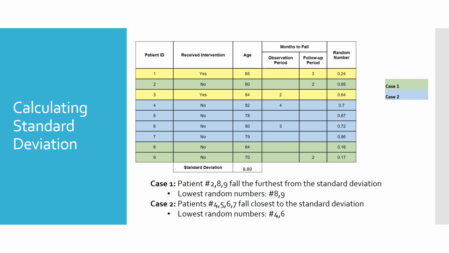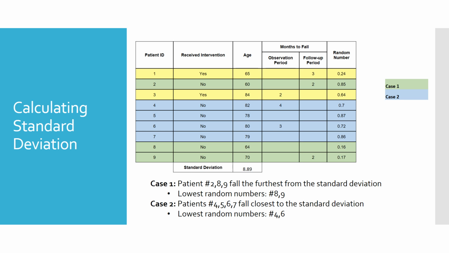From the drop-down box, select STDEV.S, which stands for standard deviation. Then select all the ages from the table and hit enter, and from there it'll give you the standard deviation. You should end up with 8.89.